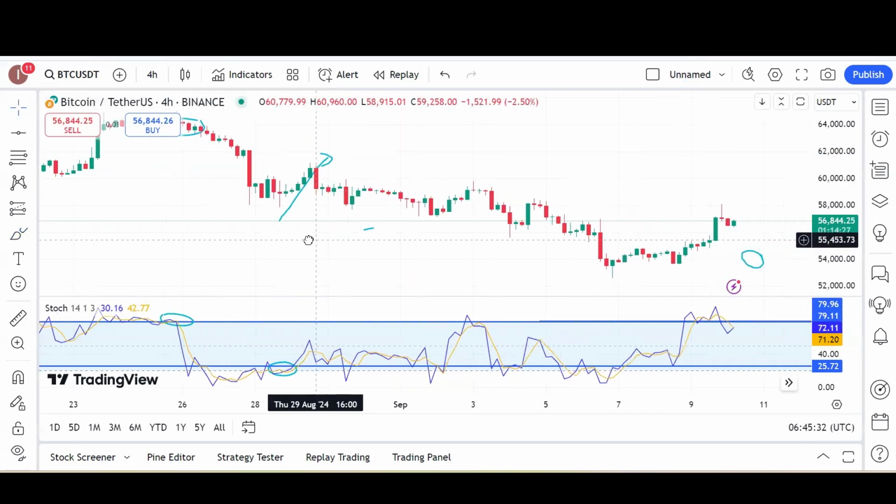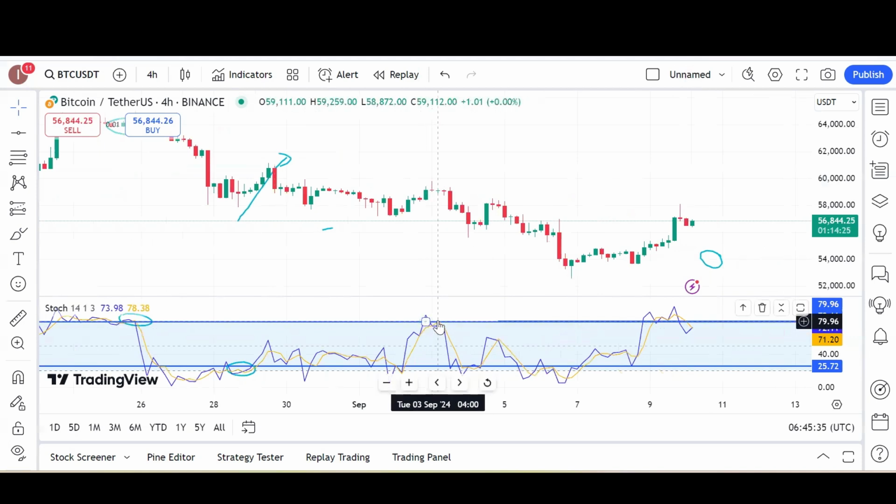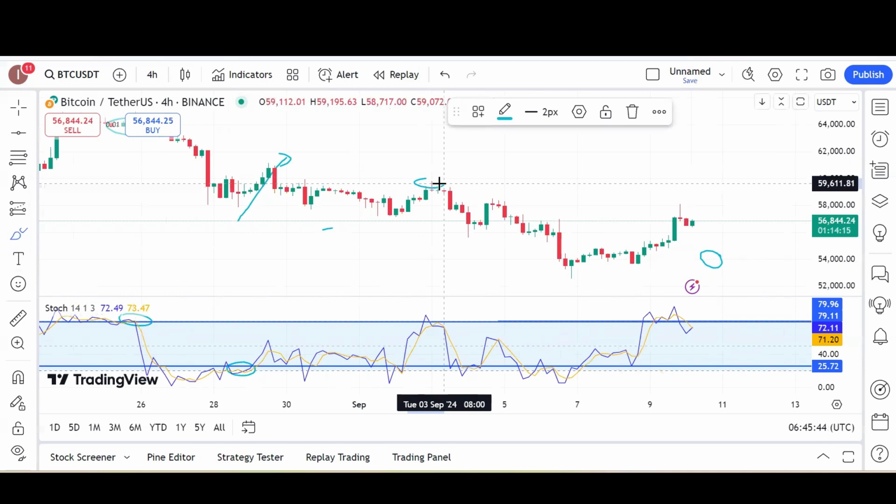As you can see, the market is above the 80 value, and now we consider this an overbuying situation.